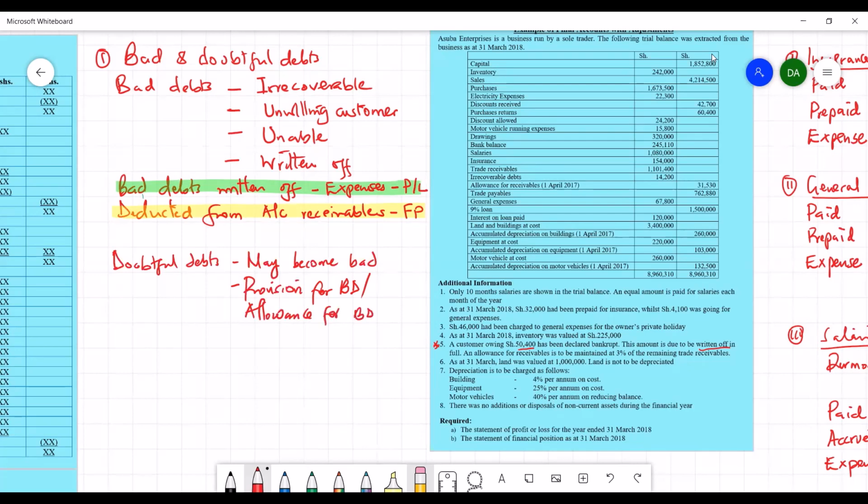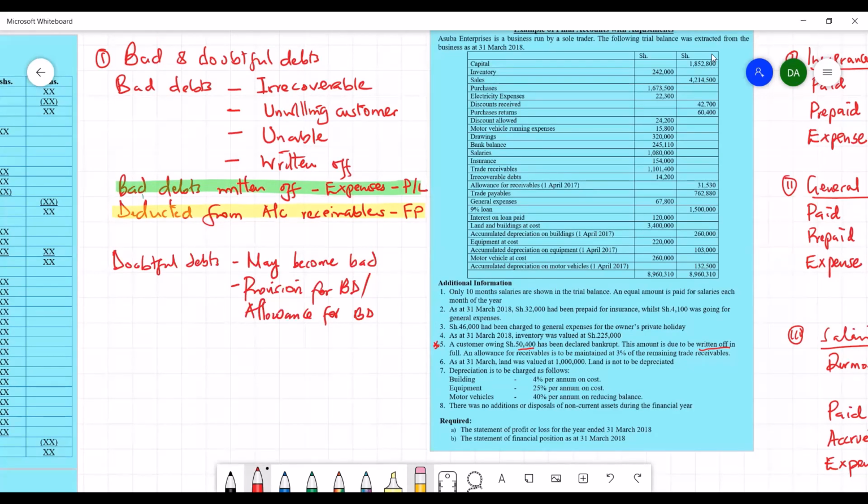Now, this allowance for bad debts is to recognize the fact that even though we are reporting some profit today, that profit may not be a real profit when there is some debt which will not be recovered in future.